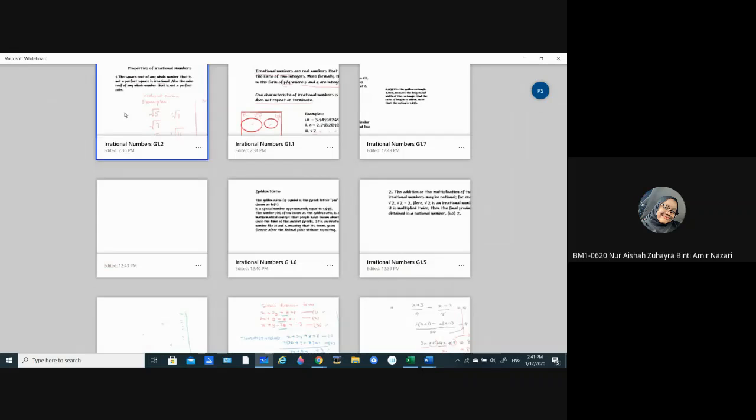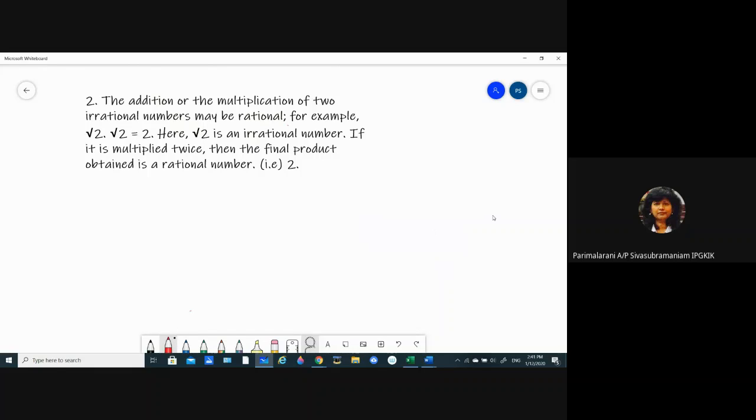Okay, so we have one more property here, property number 4. The addition or the multiplication of two irrational numbers may be rational. Just now we said that rational and irrational will give you irrational.